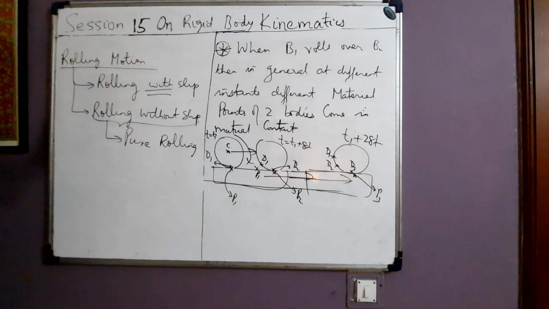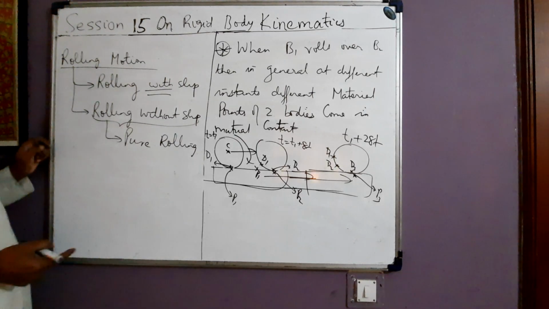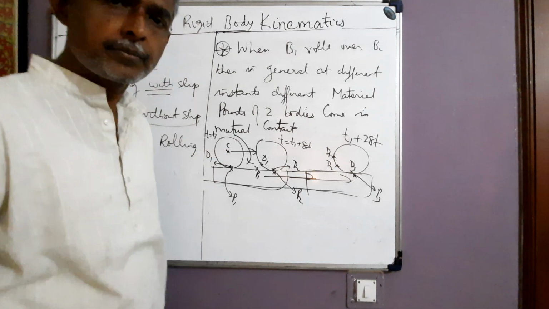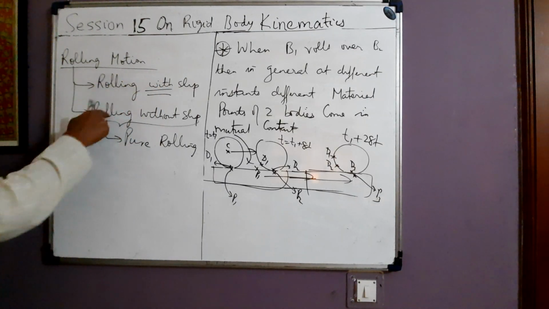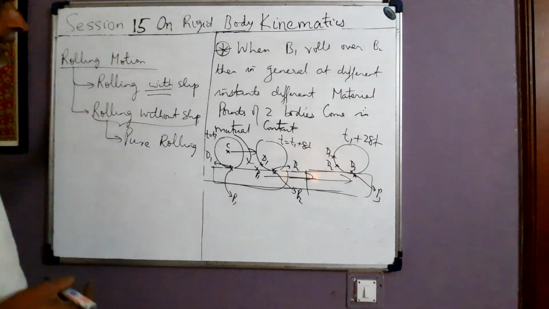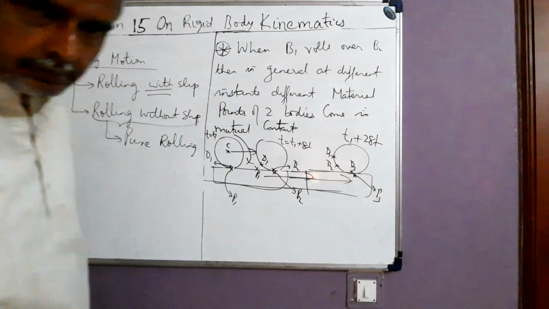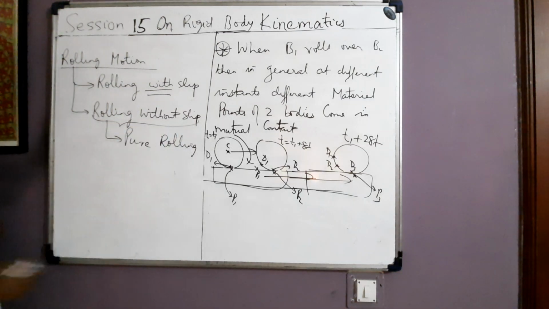Now one thing which is common to both types of rolling is that the two bodies are in mutual contact during the time of observation. So this point should be kept in mind.